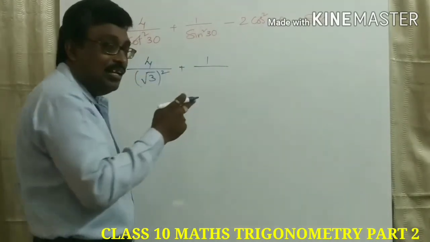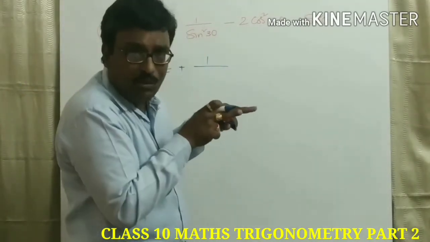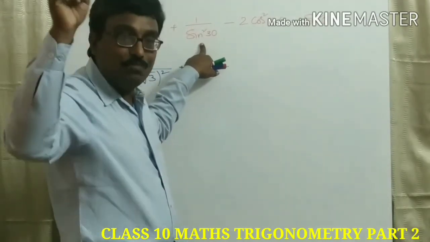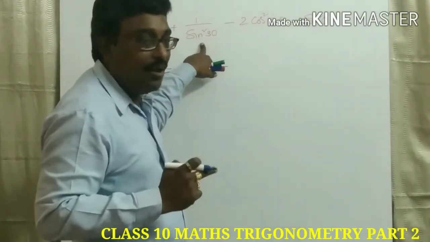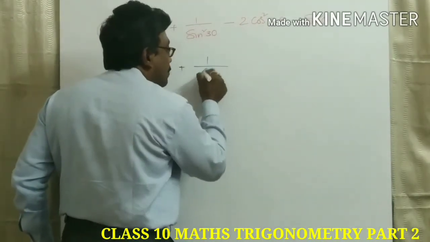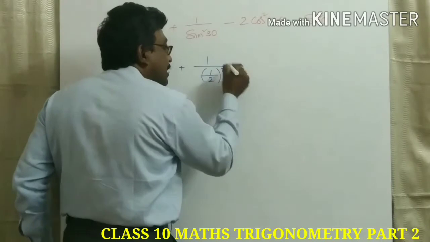If you look at the table, you will understand what cot 30 is. Cot 30 and tan 60 are both the same, that is nothing but root 3. Here cot square 30 is there. So the sin values we wrote behind the cos values. Here sin 30 and cos 60 values are both equal if you see the table. Sin 30 is equal to cos 60, that is nothing but 1 by 2.